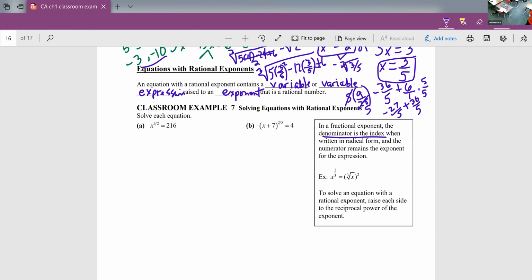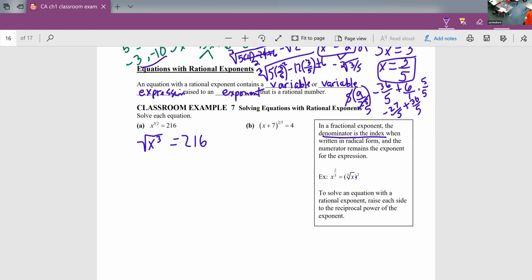The square root of x, and that x is still raised to the 3rd power, right? Wouldn't that be another way I could write that if I wanted? Okay, because the exponent can either be just on the x under the square root sign, or it could be outside and the whole thing gets squared. So I could write it this way.